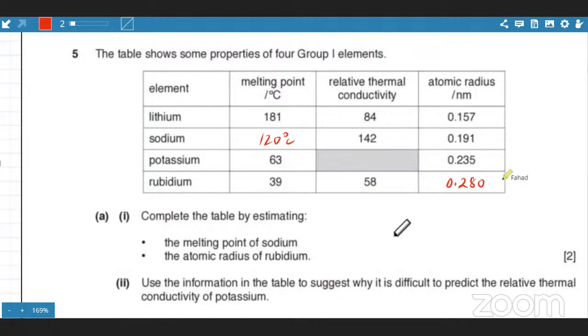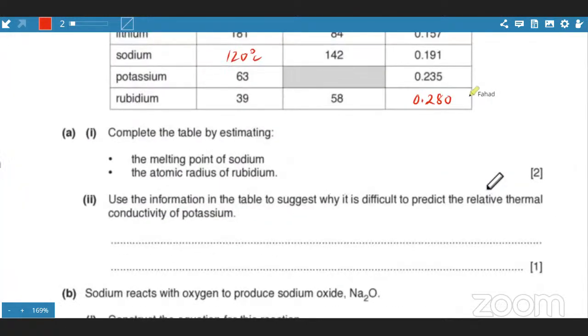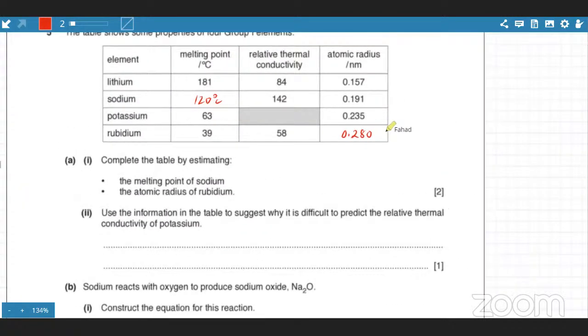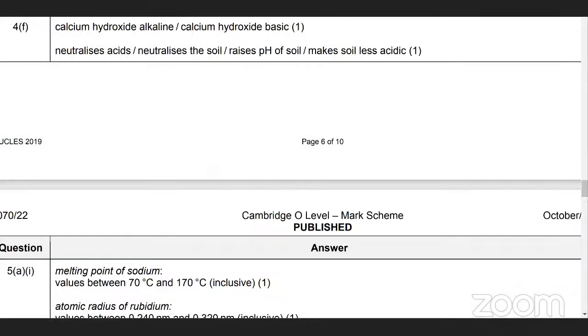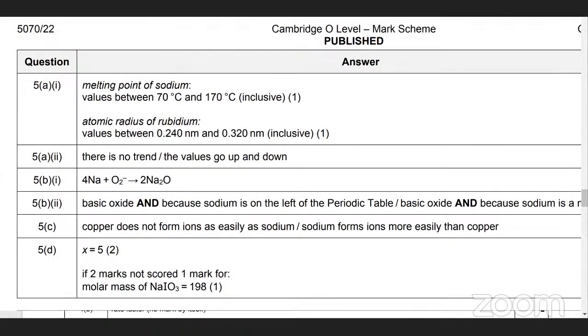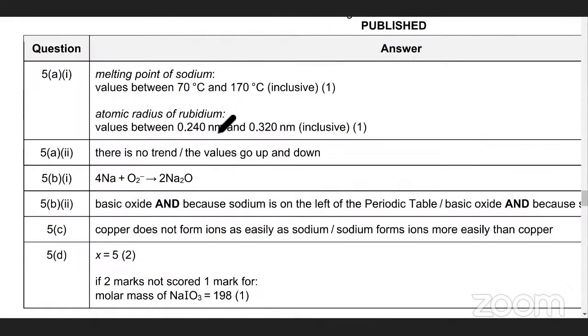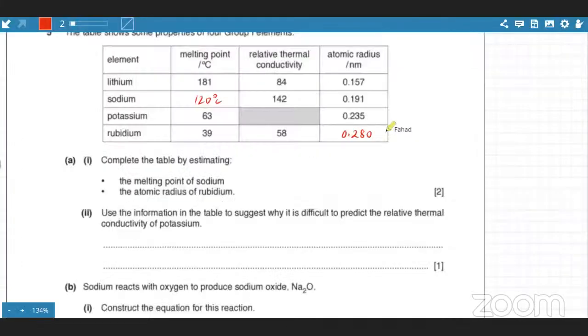So that's kind of fine. I don't think anyone is going to have issues with that. We can even check. So I gave 0.28, so that's within range. That's fair enough. I gave 120. That's also fair enough. That's within the range.